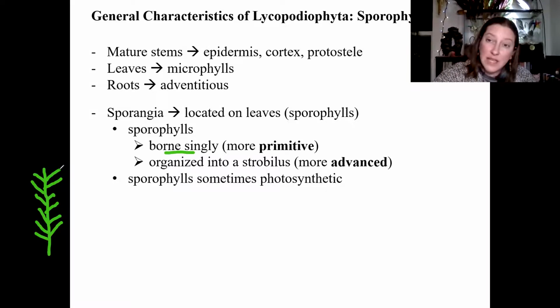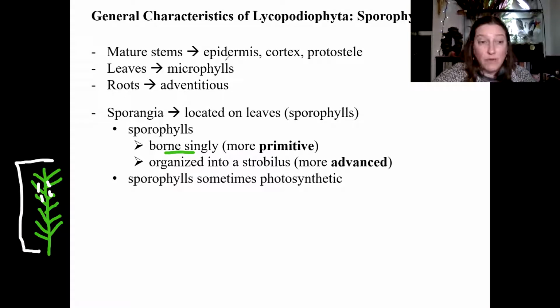And in the case of these, they are green, so they're photosynthetic. And I'll use white to draw multiple sporangia. So let's say there's a sporangia on this one, there's a sporangia on this one, there's sporangia on this one, there's sporangia on this one. All of these leaves are microphylls.